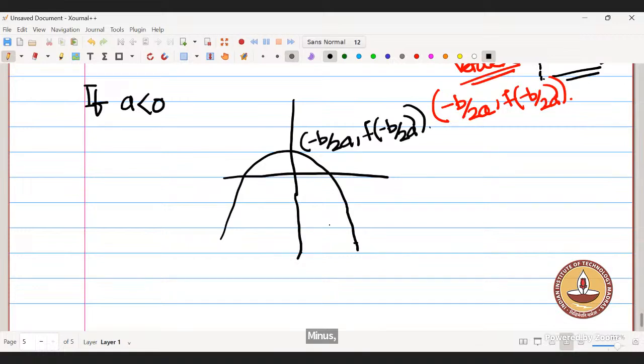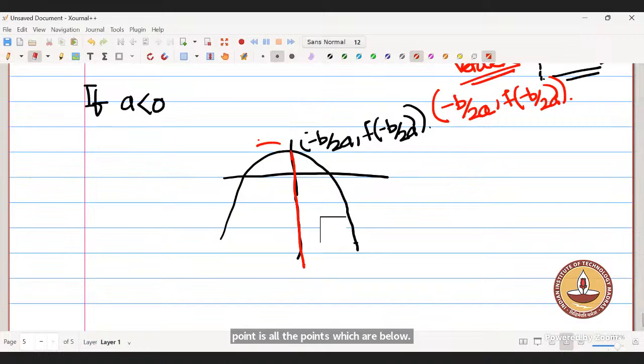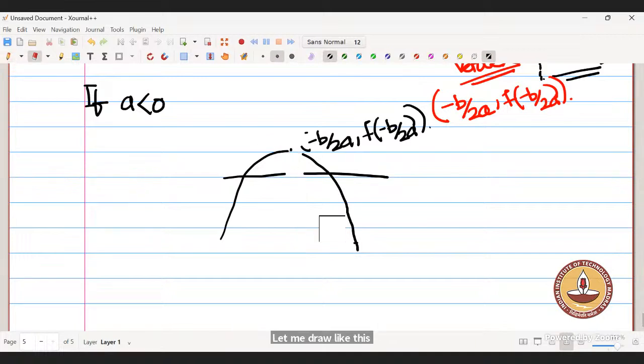And all the points which are below this point. Okay, I guess I made a mistake. Let me draw like this.